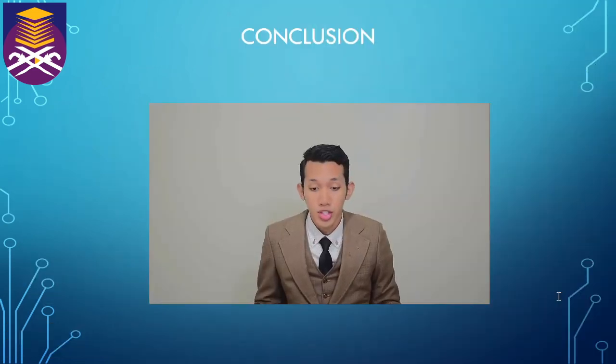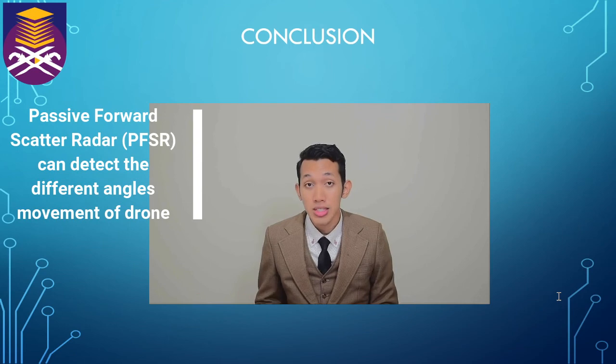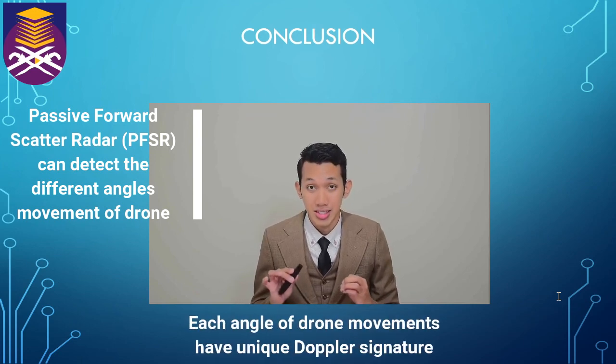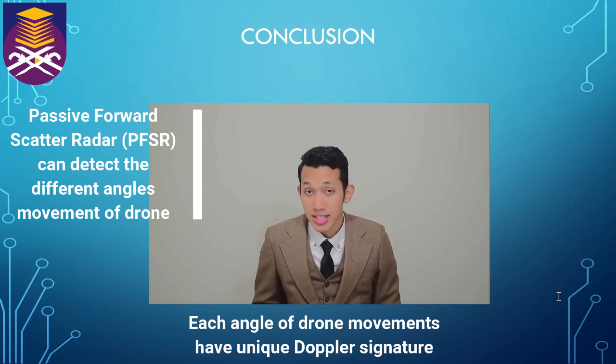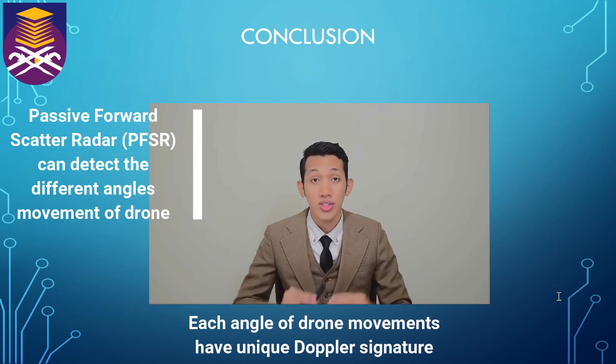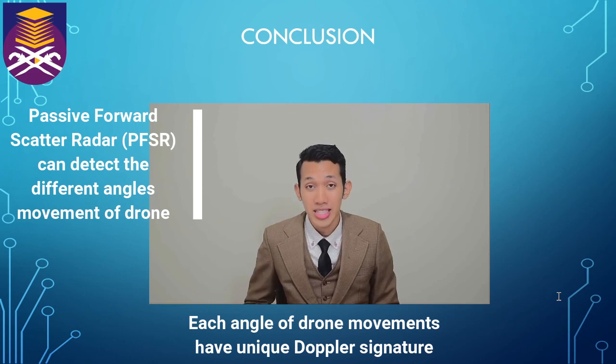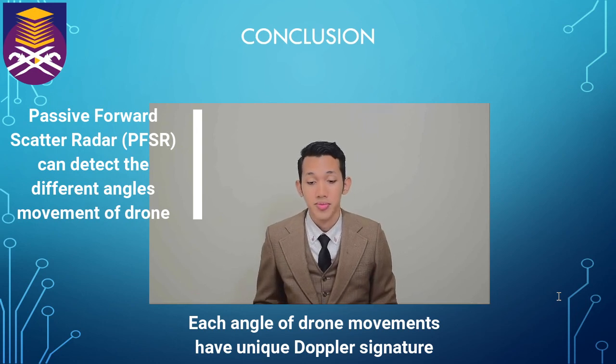For the conclusion, the different angle movements of the drone can be detected by using a passive radar system. The 6 angles of the drone, which are vertical up, vertical down, horizontal left, horizontal right, ascending 45 degrees and descending 45 degrees, have their own unique Doppler signature.